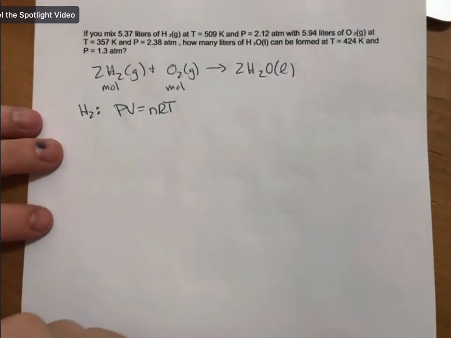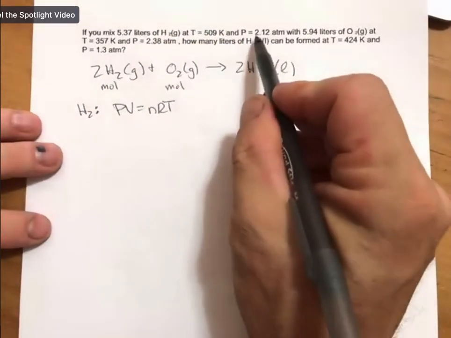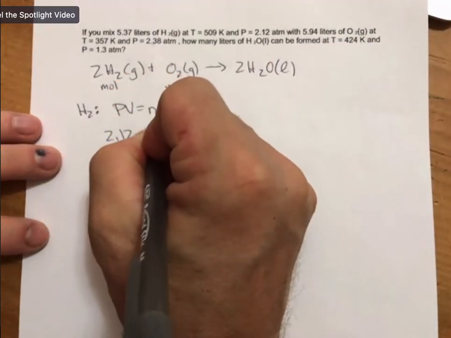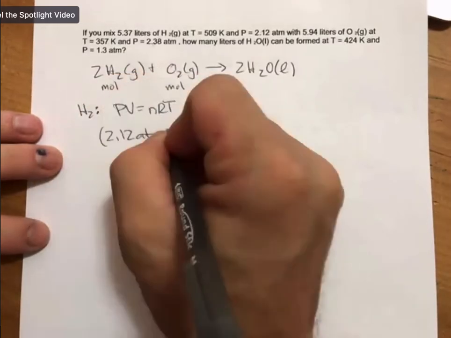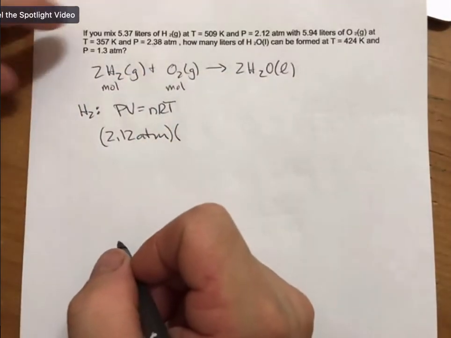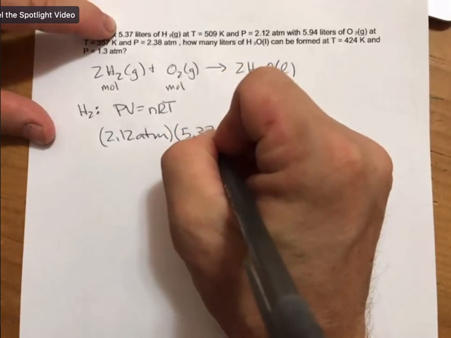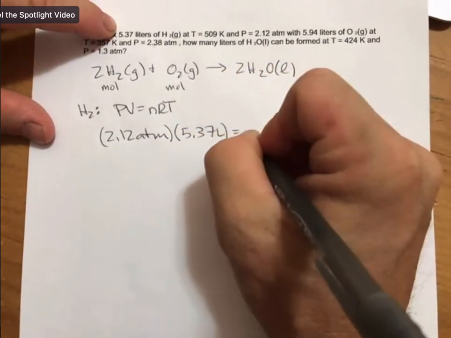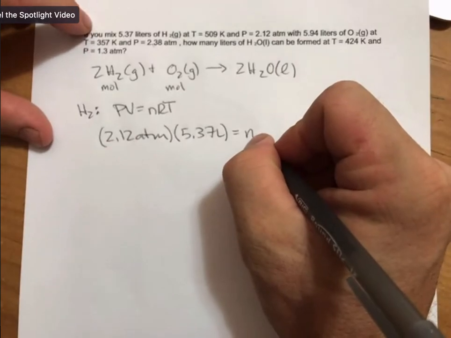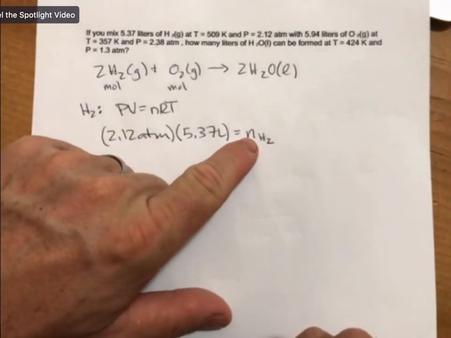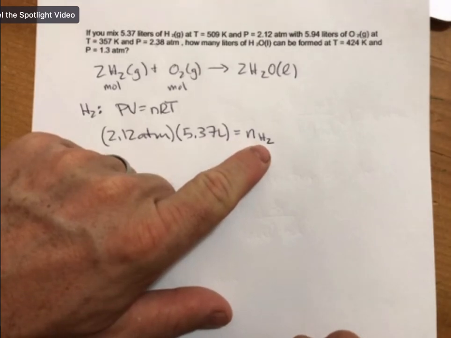So PV equals nRT. I know I have 2.12 atmospheres. My volume is 5.37 liters. And since I've got a number of things running around here, I am going to label these moles as moles of hydrogen.